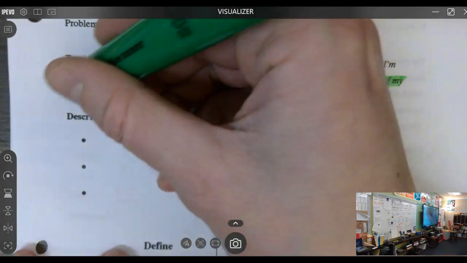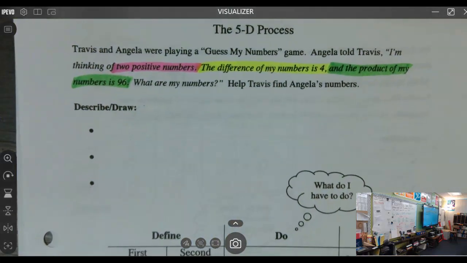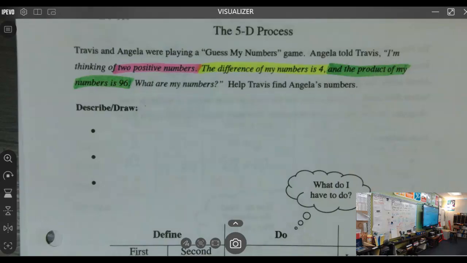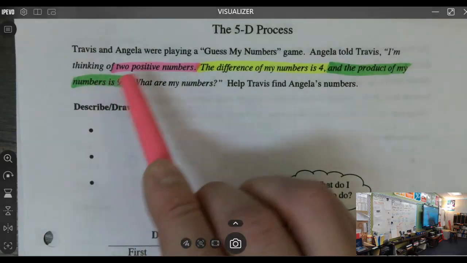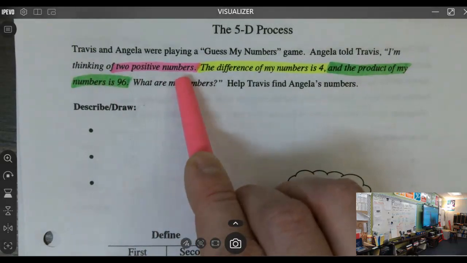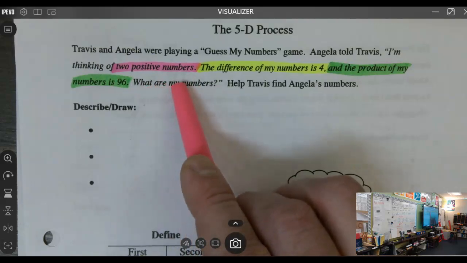Difference is 4. Product is 96. I think we should get some help to set this up together. So if we're thinking of 2 positive numbers, what could we call those 2 positive numbers? 2 plus. It's 2 positive. Do we know what they are? Not yet. What do we do when we don't know numbers?